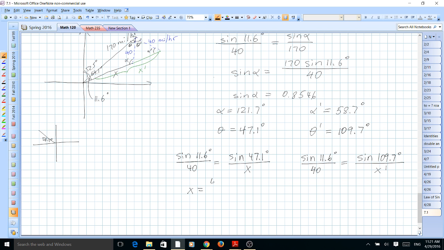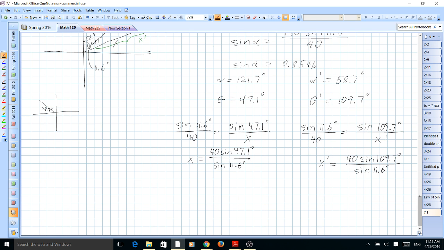So the x will then be 40 times sine of 47.1 degrees divided by sine of 11.6 degrees, and then x prime will be 40 times sine of 109.7 degrees divided by sine of 11.6 degrees. This is calculations.